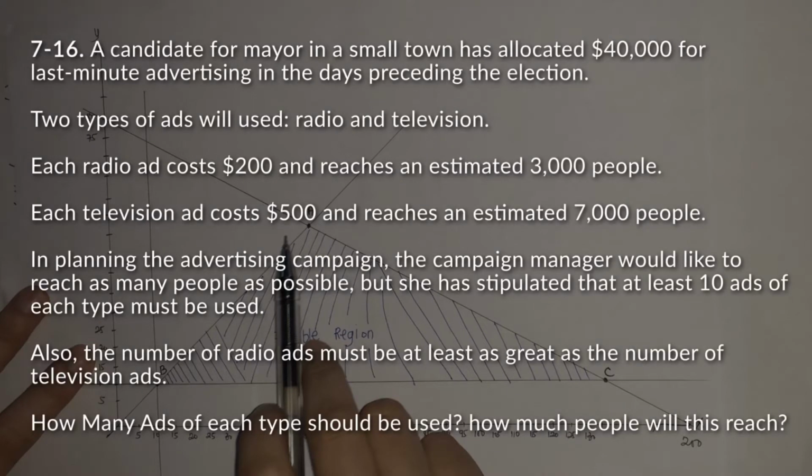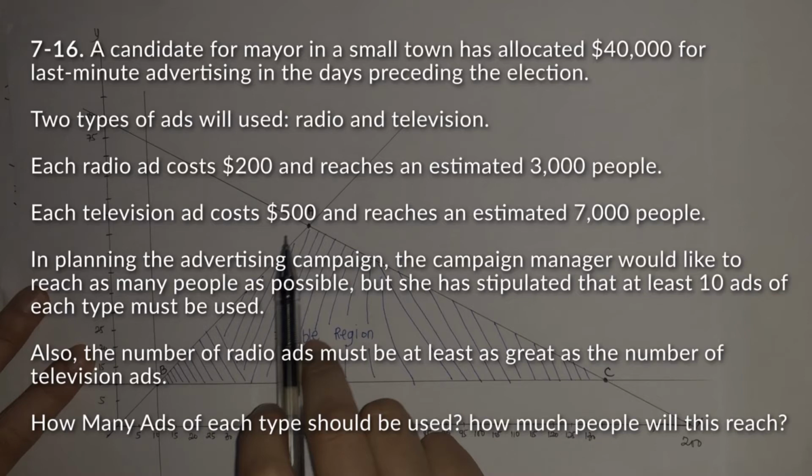A candidate for mayor in a small town has allocated $40,000 for last-minute advertising in the days preceding the election. Two types of ads will be used: radio and television. Each radio ad costs $200 and reaches an estimated 3,000 people. Each television ad costs $500 and reaches an estimated 7,000 people.